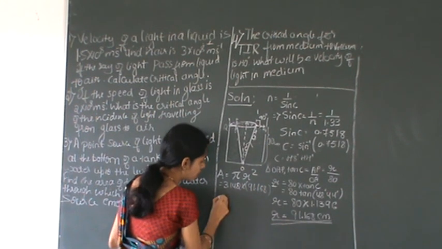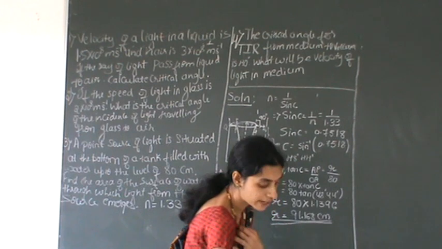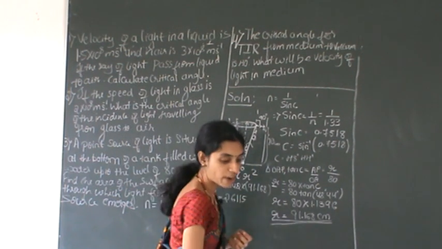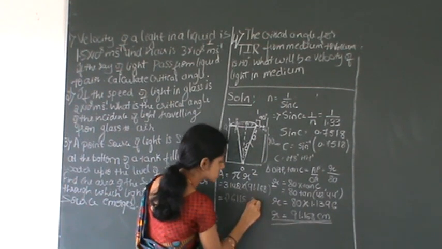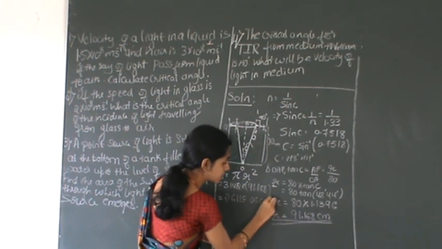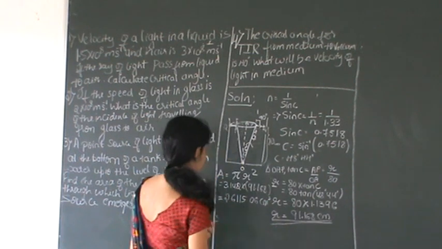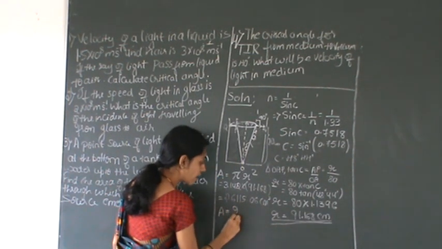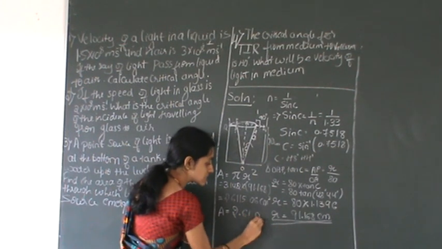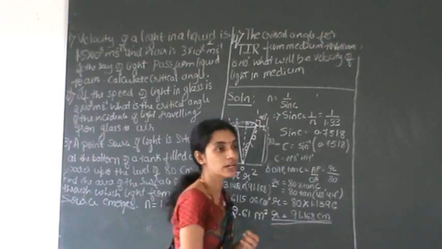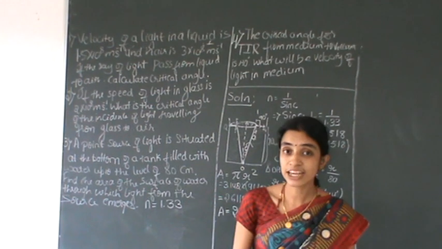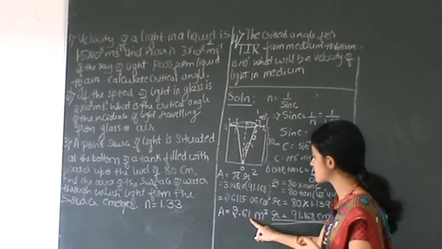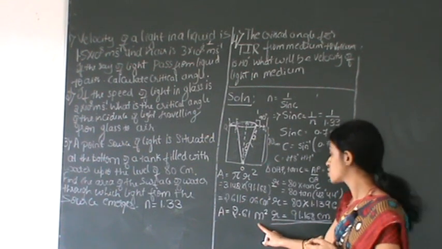If we substitute and finally simplify, how much will I get? 26115.06 centimeter square. Or finally, if I convert in terms of SI unit, I will get 2.61 meter square. So this much is the area of the circular surface. A is equal to 2.61 meter square.